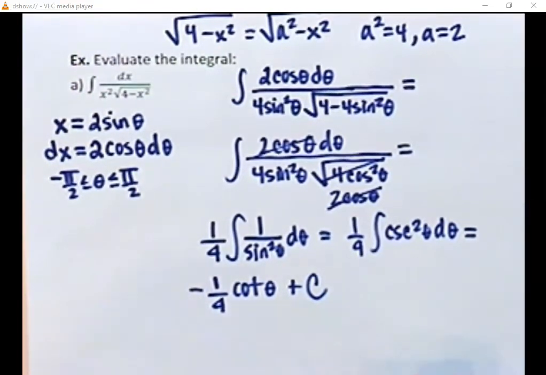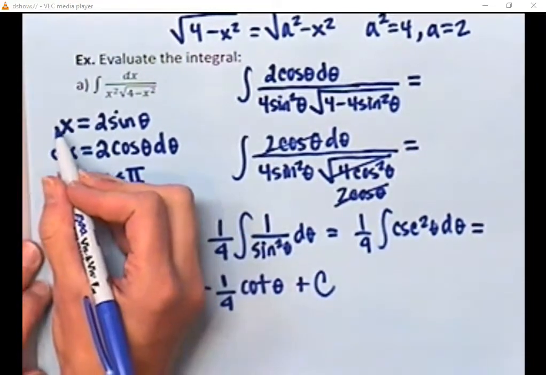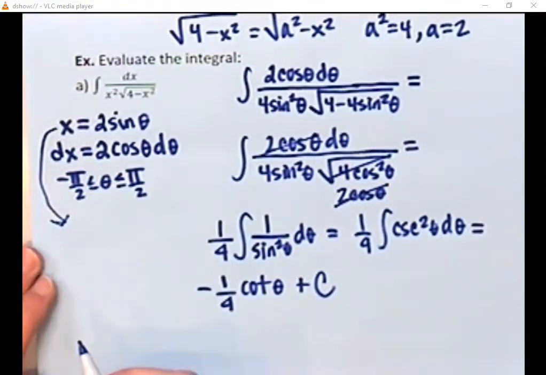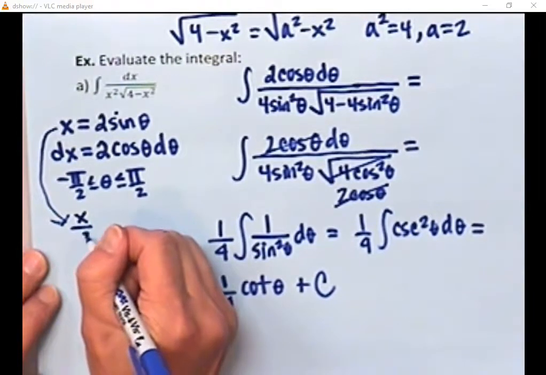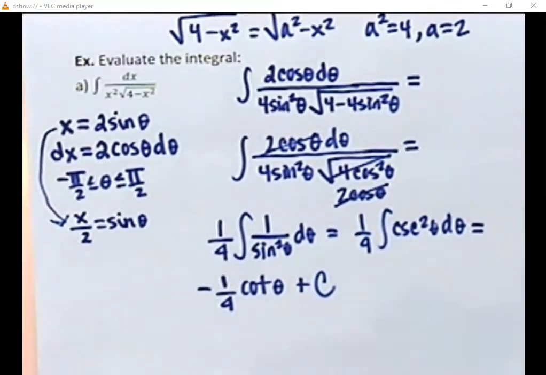Here's where you get to use the little right triangle trigonometry. When we have x equals 2 sine of theta, I can set up a right triangle. If I divide both sides by 2, that would tell me that sine of theta equals x over 2. Does that make sense so far?